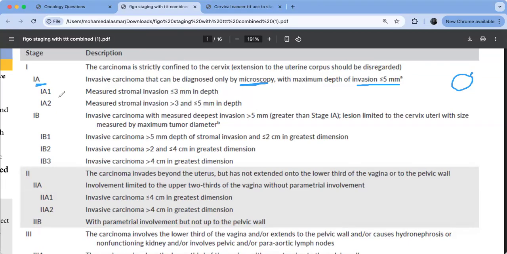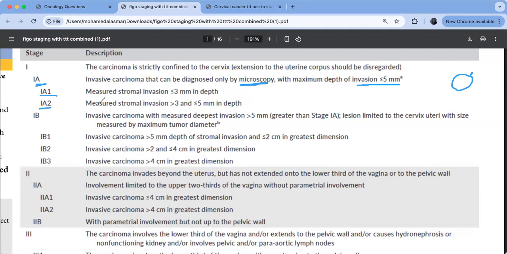Yes, excellent. This is stage 1A1, and here in 1A, I don't care about the horizontal dimension. I only care about depth of invasion. So if the depth of invasion is 3 millimeters or less, this is 1A1.